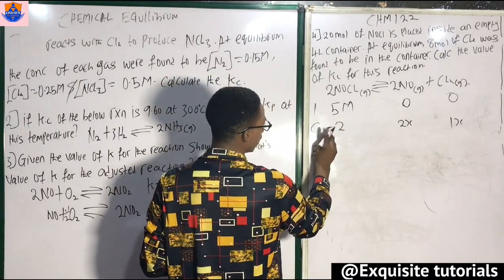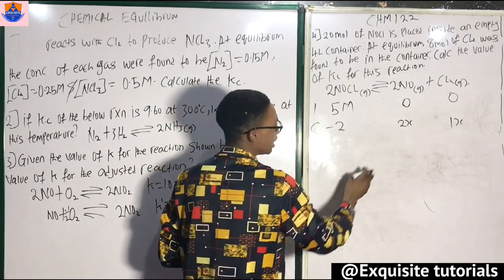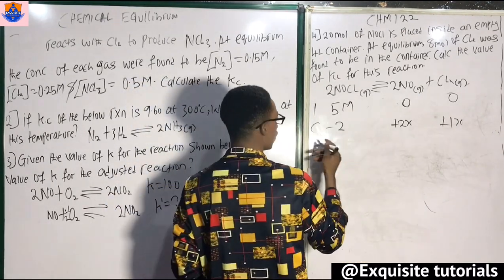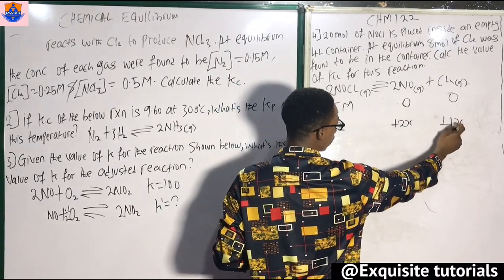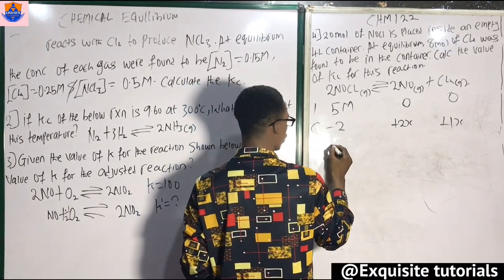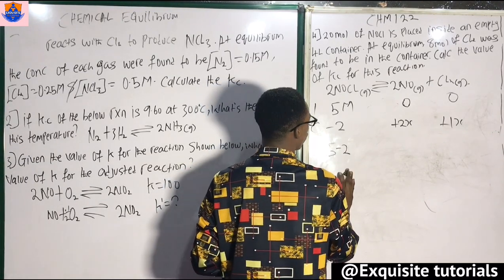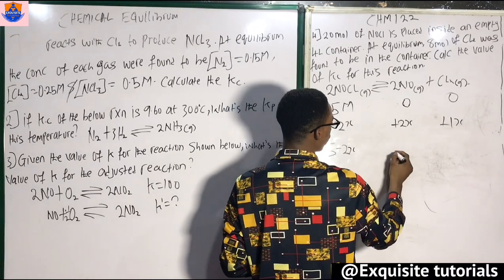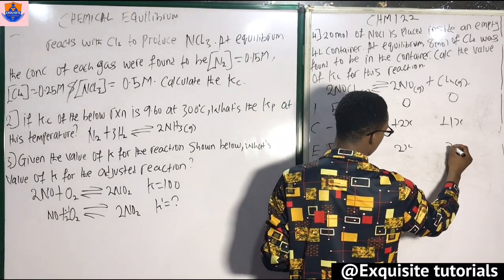This is minus because it is giving out what it has, the 2 moles, to this, and this is accepting, taking what it can take, which is 2 moles, and this 1. So at equilibrium point, we have 5 minus 2x. Then here we have 0 plus 2x, and 0 plus x.